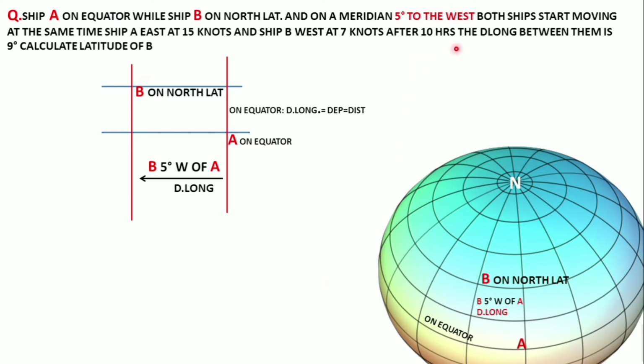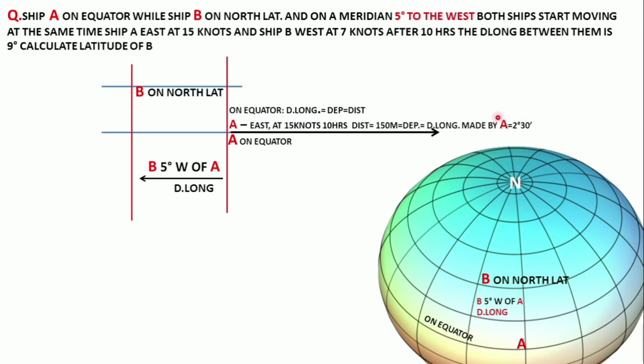It says after 10 hours, the D long between them is 9 degrees. So A is going at 15 knots, would cover up 150 miles to the east, which is its departure, as well as the D long.